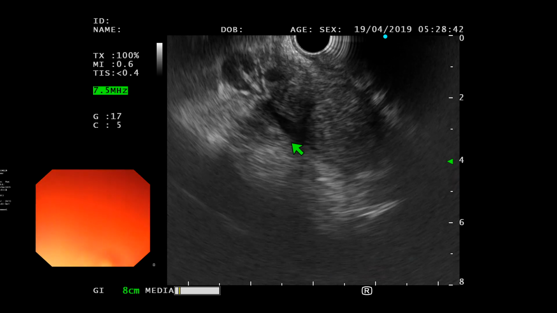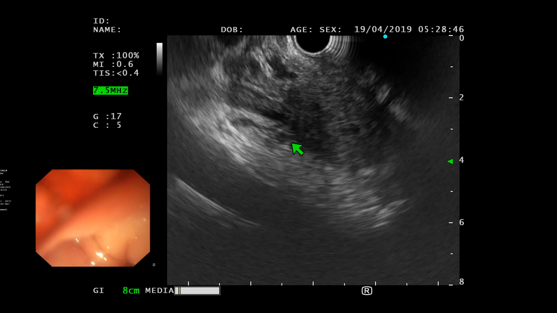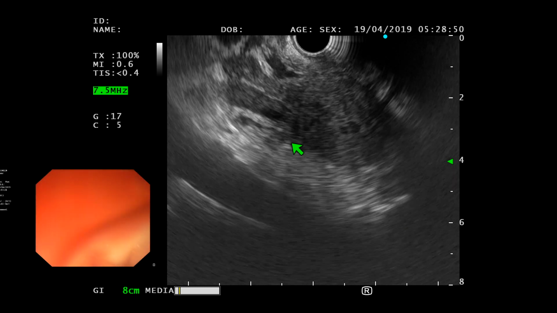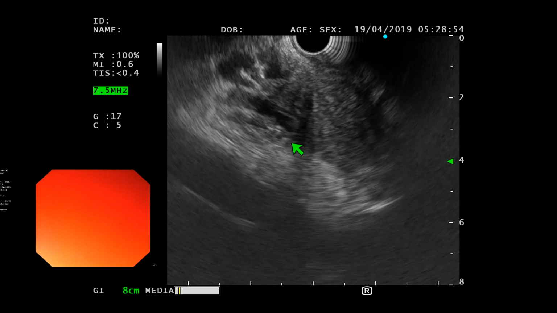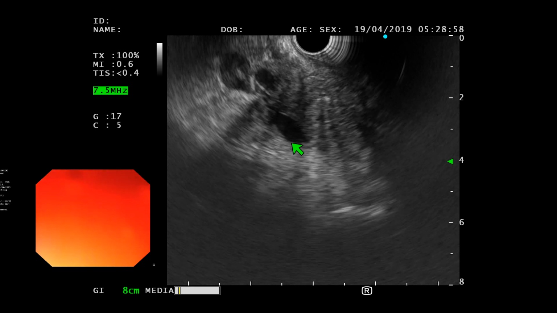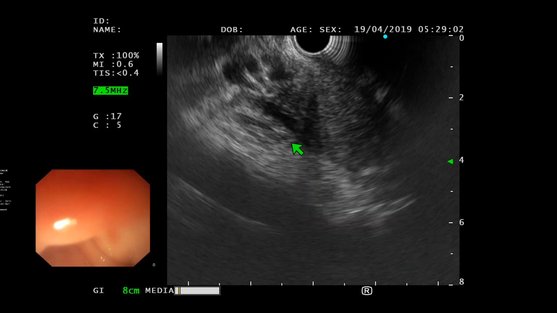For EUS, I don't do that really, because I was asked to look at the pancreatic head. I have looked at it. Is there a mass? The answer is yes. What do I do next? I take biopsies. Do I really need to do the stretch dilatation and be in the D2? The answer is no. I can do that sitting either in the antrum or in the D1, and I'll take biopsies and I'll call it today.